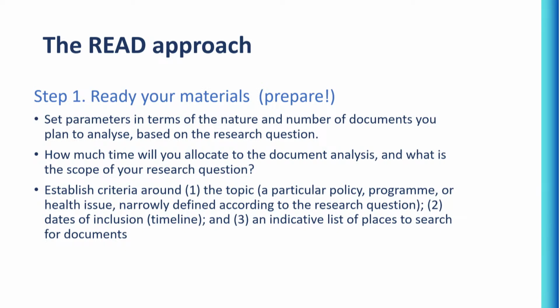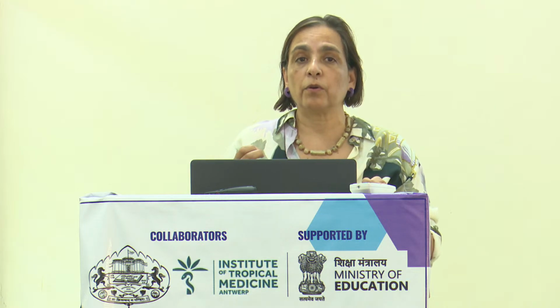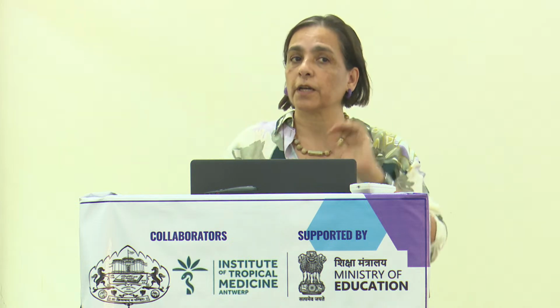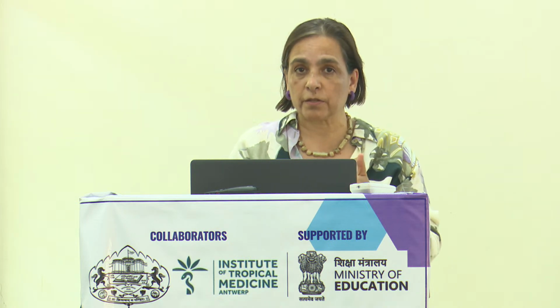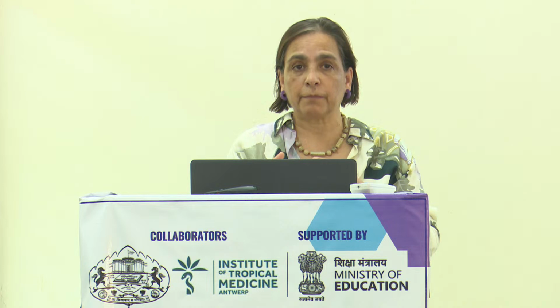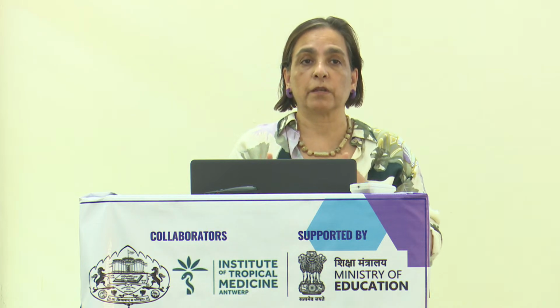So creating a policy timeline is a descriptive activity, but in terms of the actual thing that you want to extract from the documents, please do not be vague, okay? So I want to understand how, I mean, in two of your topics, you're actually looking at collaborations, right? You're looking at PPM as a collaboration across sectors.